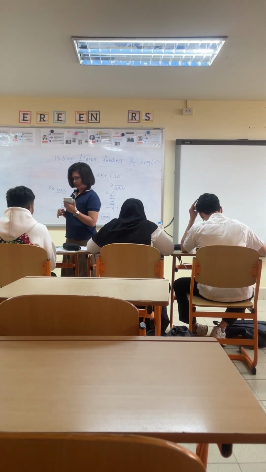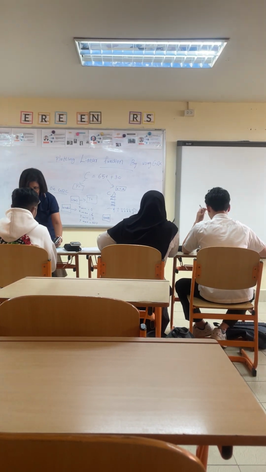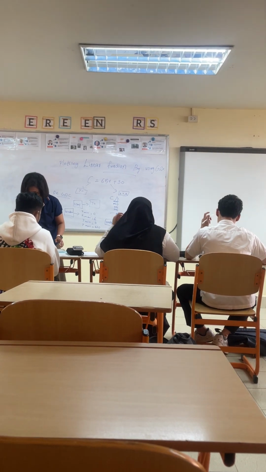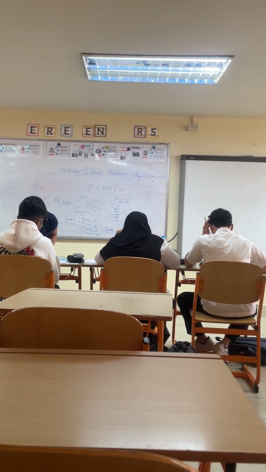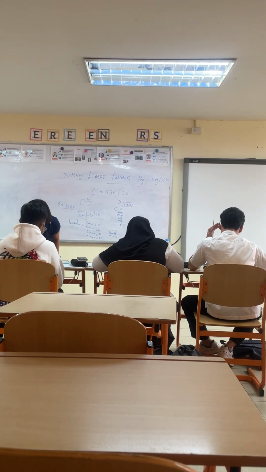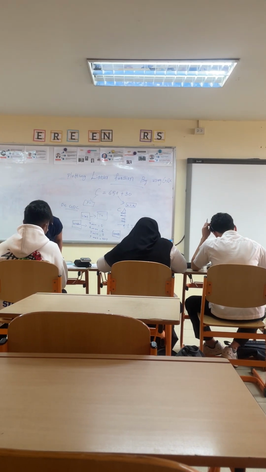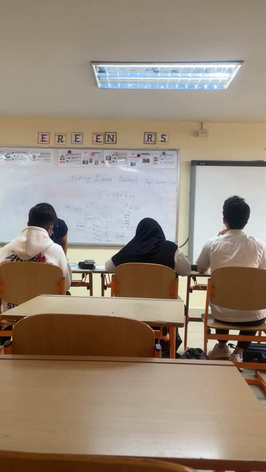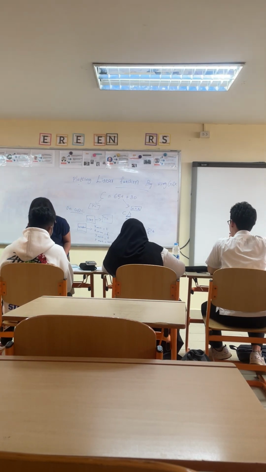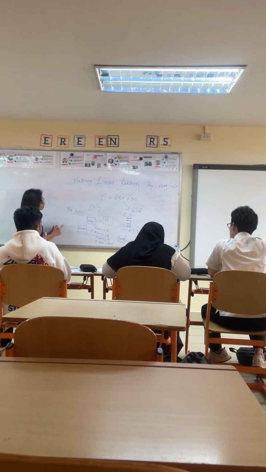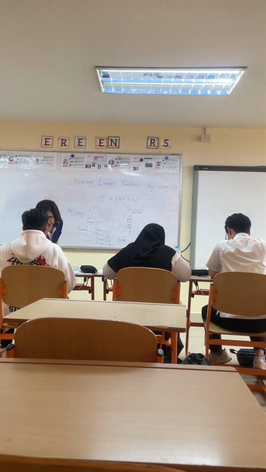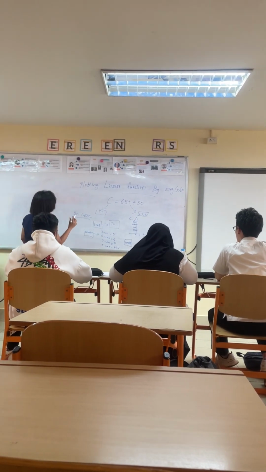Okay. So our question, what are the things you have to find? After you are done with drawing the graph, you have to find the C value at t equal to 6.